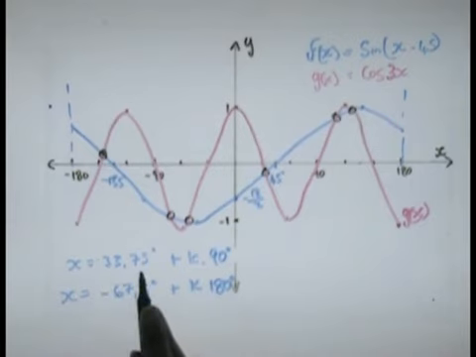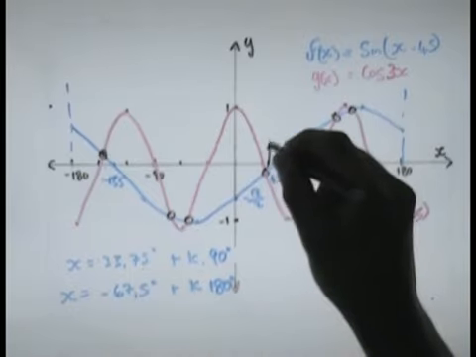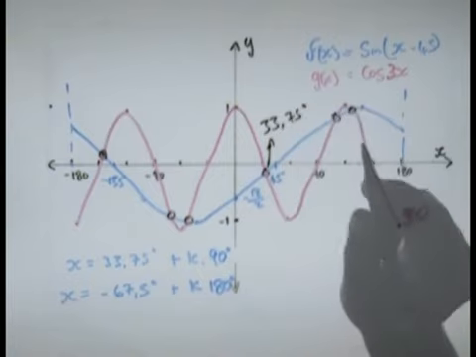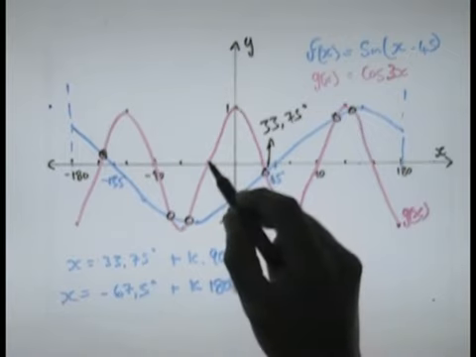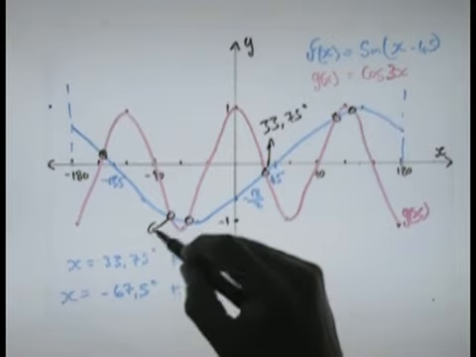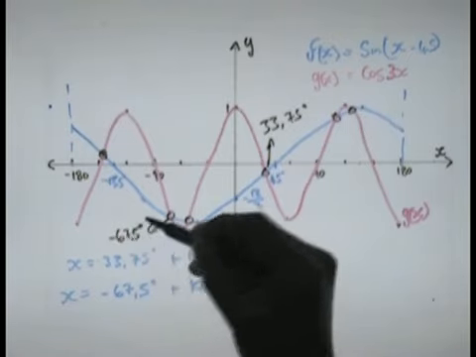That's going to be 33.75 degrees plus 0, which is just 33.75 degrees. When k is equal to 0 here, x is going to equal negative 67.5 degrees. Now that's negative 30, negative 60. That means that this point over here is negative 67.5 degrees.